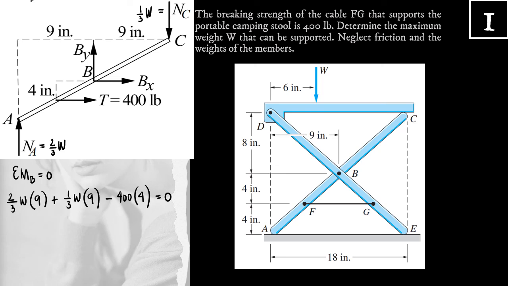Notice now that because we expressed NA and NC in terms of W, in this equation, we only have one unknown value, which is W. So we can now solve for W. W is equal to 177.78 pounds.